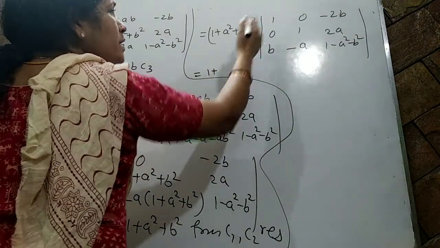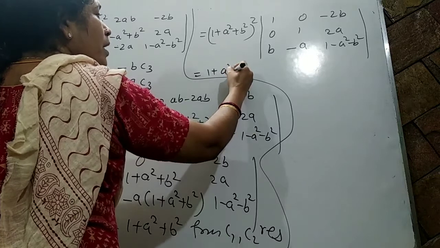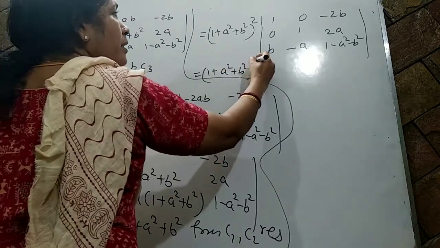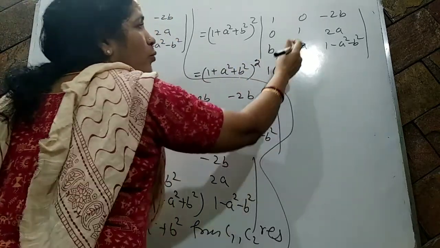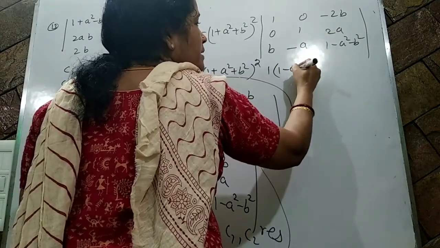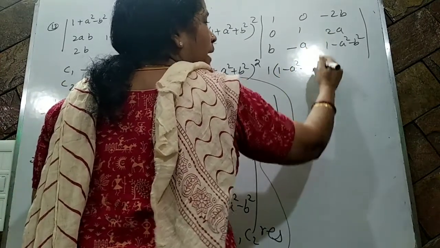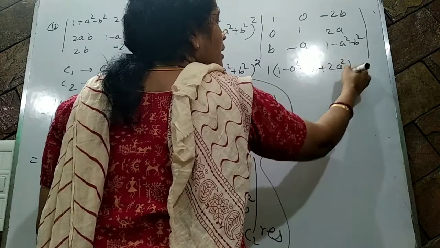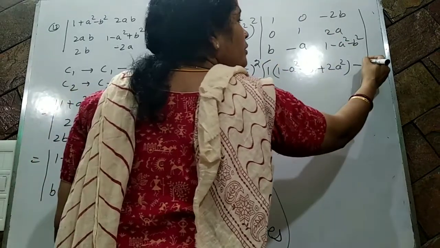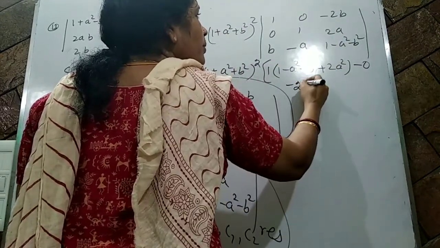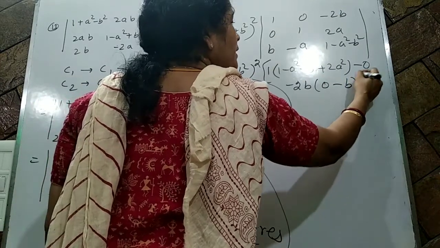So if I open this using R1: 1 plus a square plus b square whole square into 1 into, downward, 1 minus a square minus b square, minus upward, plus 2a square. Now minus 0 into something; then 0 minus 2b, 0 minus upward is b.